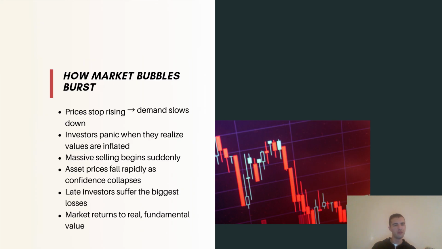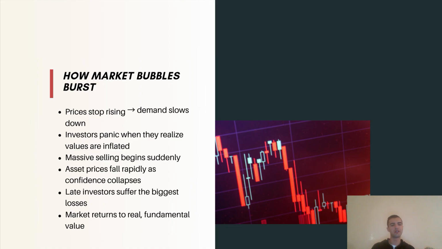Now I'm going to move to the slide on how market bubbles burst. So how do bubbles actually burst? At some point prices stop rising, maybe because bad news hits, or simply because they've gone too high. Demand slows down, and some early investors start taking profit. Other investors notice this and begin to worry.